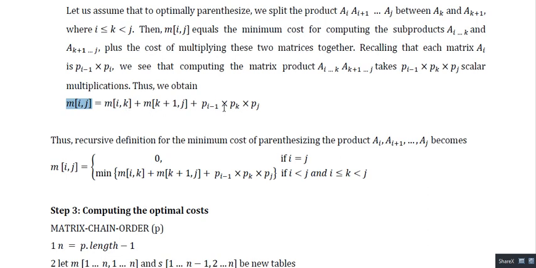The recursive solution is very simple: m[i][j] equals 0 if i equals j, meaning if there is only one matrix, there is no requirement for scalar multiplication. For all other cases it will be the minimum of this expression.